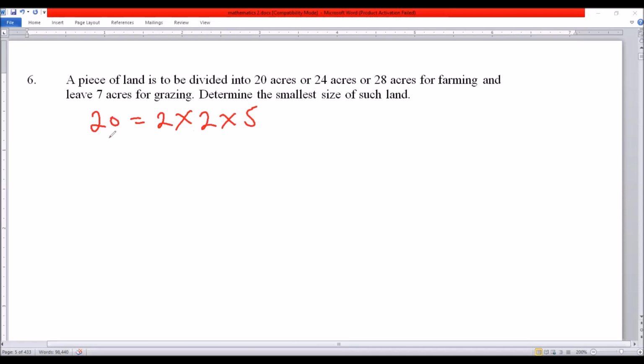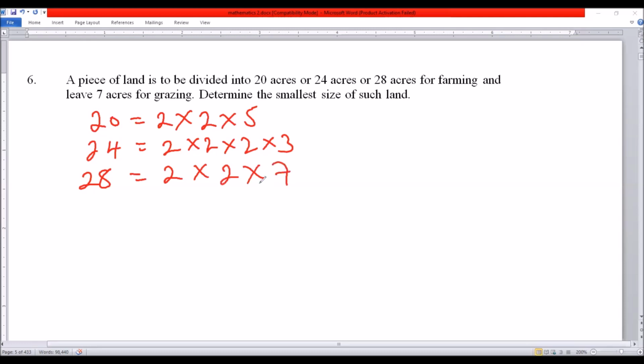Those are the factors of 20. For 24, we get 2, 12, 2, 6, 2, 3, so we have times 3. Then 28 is 2, 14, 2, 7. So those are the factors.